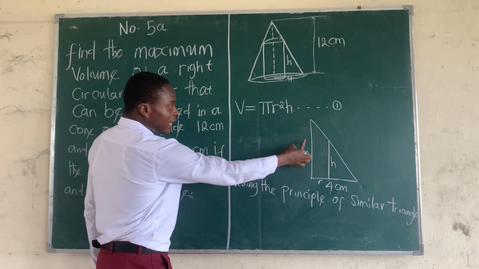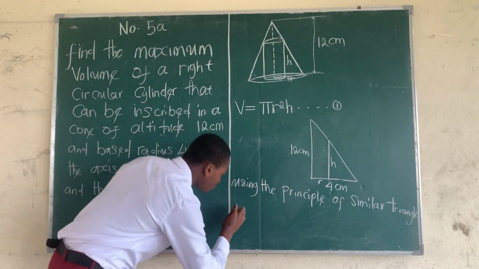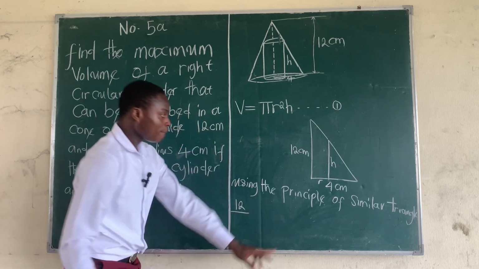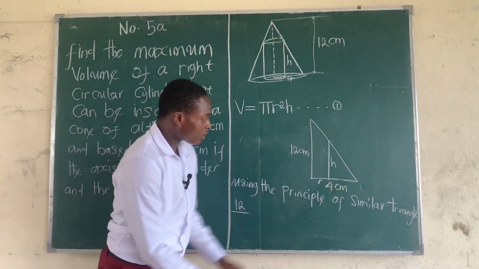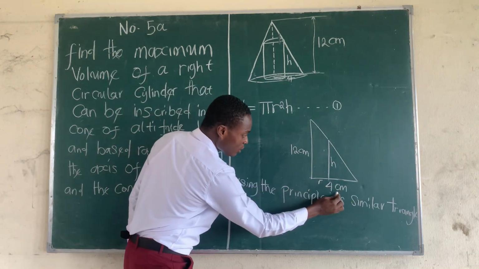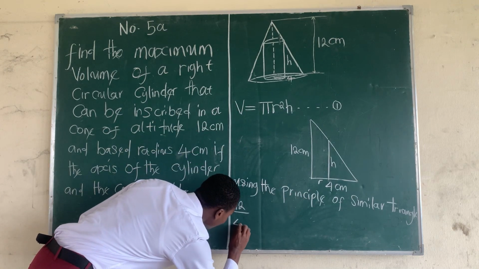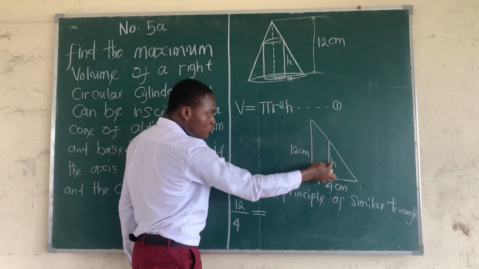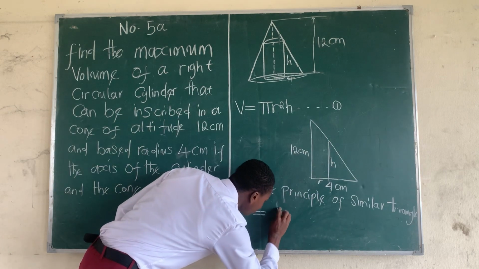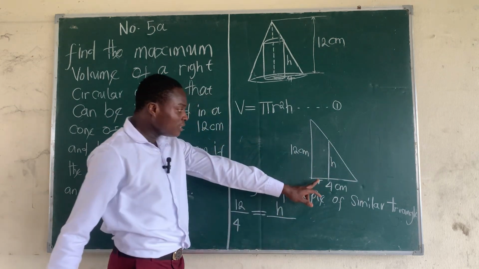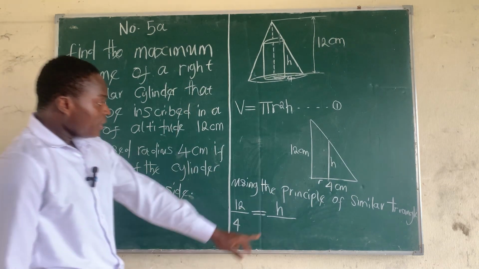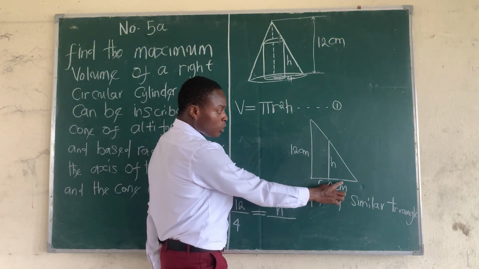We just take the height of the bigger triangle, 12, and you divide it by the radius of the bigger triangle. The radius of this bigger triangle is 4, so we divide it by 4. And we equate this to the height of the smaller triangle, H, divided by the radius of the smaller triangle. Now, if here is R, what will be here?